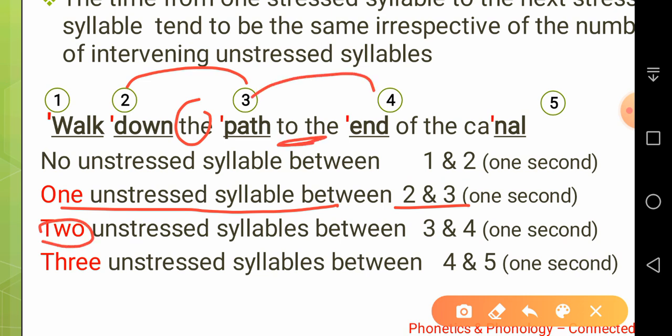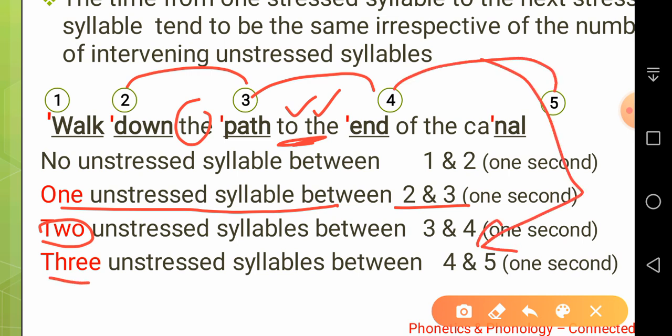From 4 to 5 there are three unstressed syllables, 1, 2 and 3. Now what do they do in English speech?